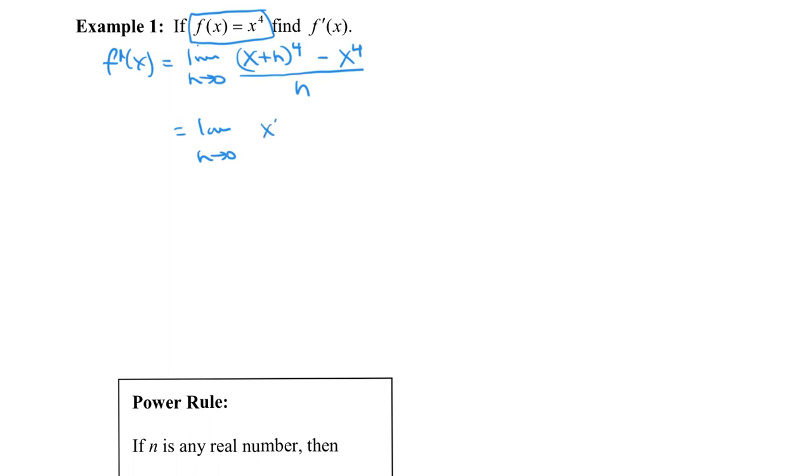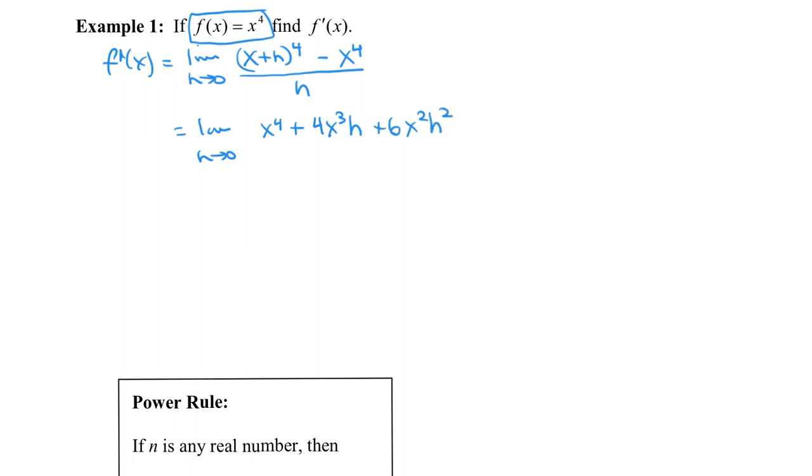So we get x to the 4th plus, and then remember this 4 will come down. This is for the binomial expansion, so we get plus 4x cubed h to the 1, and then we go 3 times 4, which is 12, divided by 1, 2, gives us 6, plus 6x squared h squared.